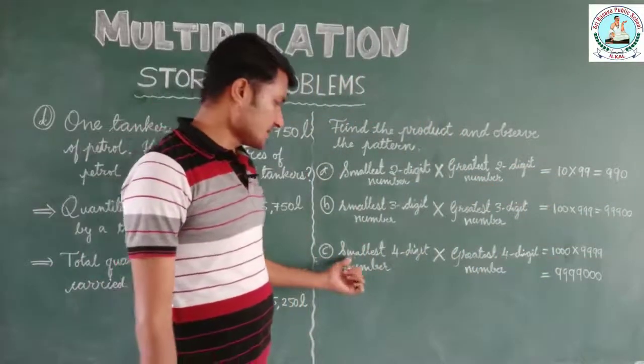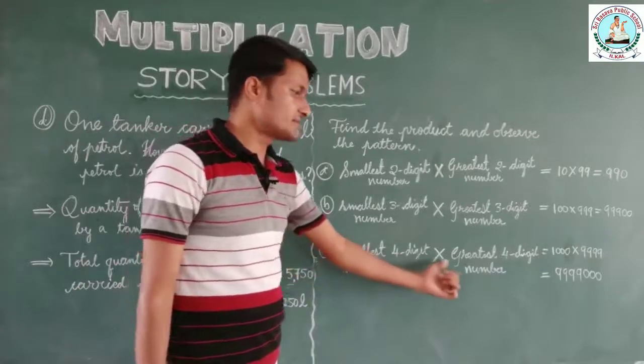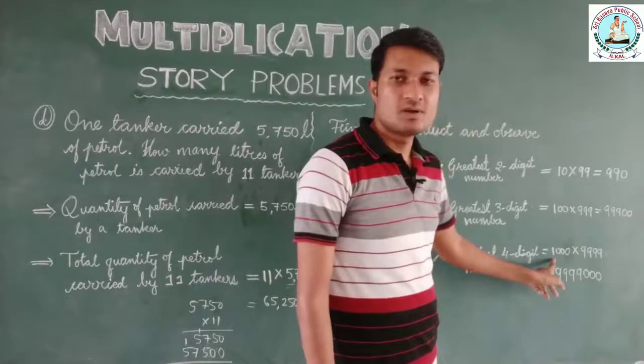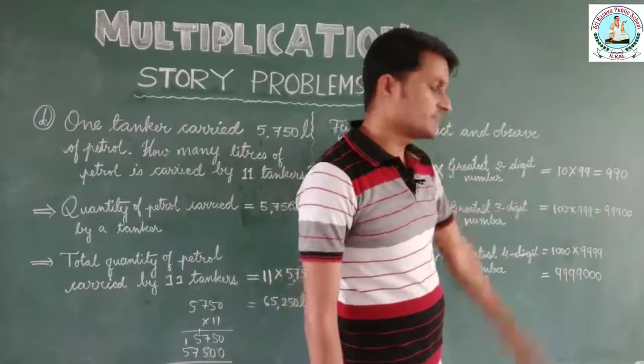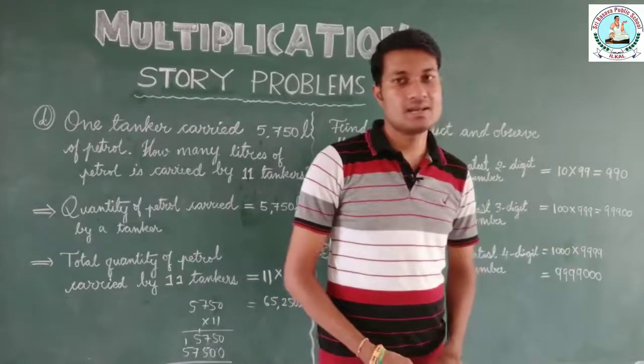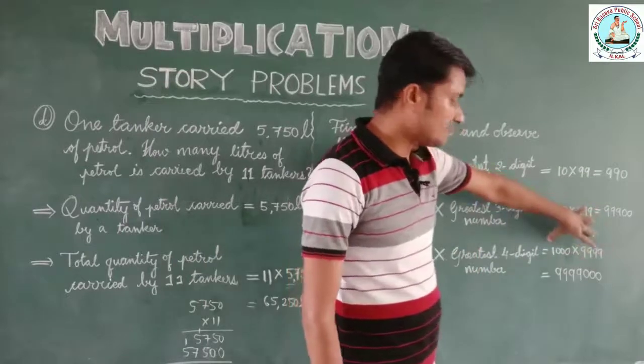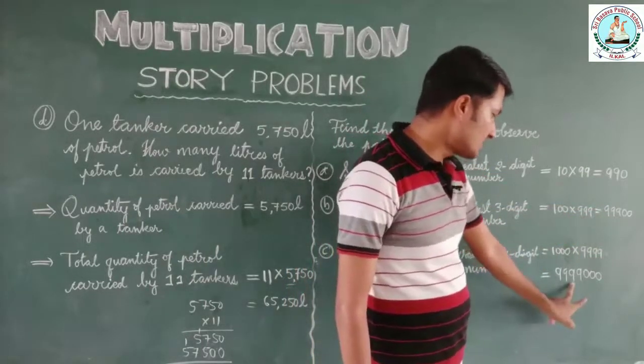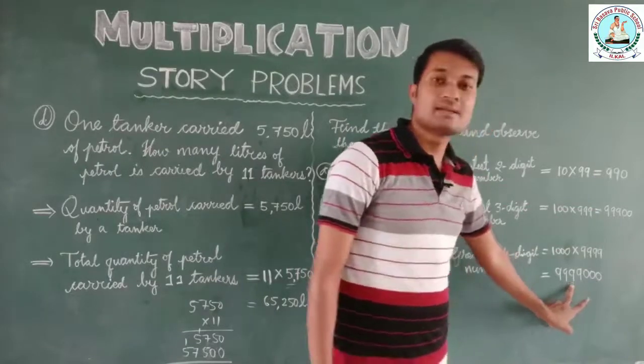Let's go for the next, that is smallest 4-digit number times greatest 4-digit number. Your smallest 4-digit number is 1000 whereas the greatest 4-digit number is 9999, and when you multiply them together, your product will be 9,999,000.